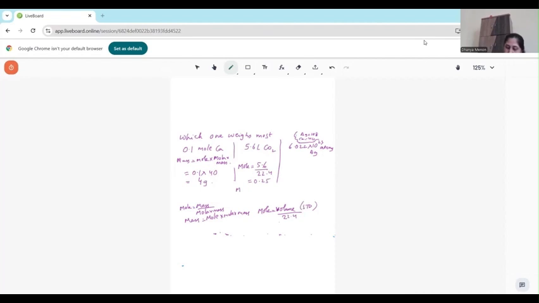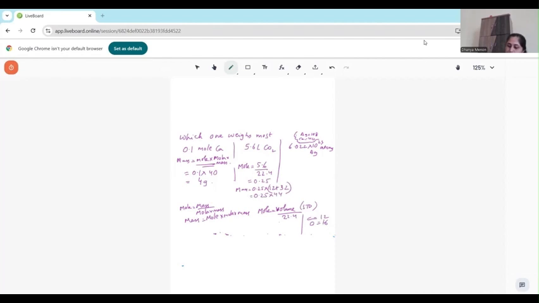I've already written it over here. So 0.25 times carbon dioxide. Carbon is 12, oxygen is 16. So carbon is 12 plus oxygen is 16 times 2, which is 32. So 0.25 times 44, which is equal to 11 grams.